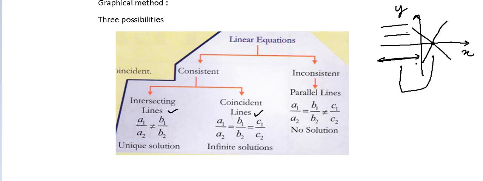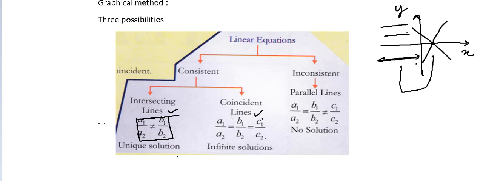So for the intersecting lines there is a condition. When it is fulfilled, then you will get a unique solution. And if a1 upon a2 equals b1 upon b2 equals c1 upon c2, if this condition exists, then you can say you will get an infinite number of solutions.